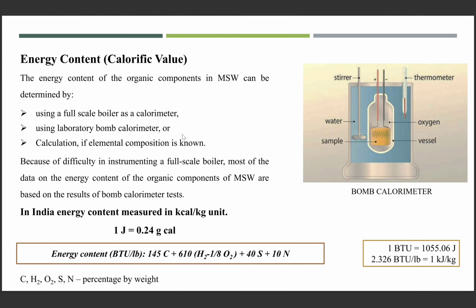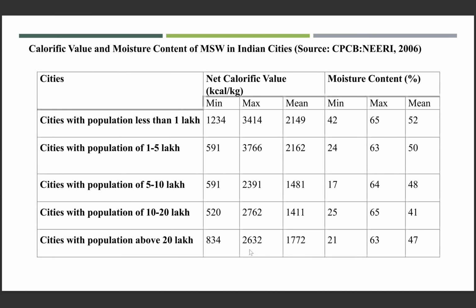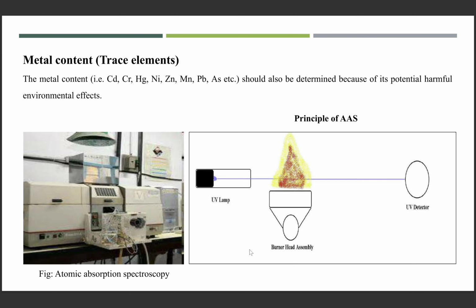Next is the energy content, or the calorific value. This is determined in a bomb calorimeter. A sample is taken and ignited in this instrument, and it is calculated using this formula. Next is the metal content.